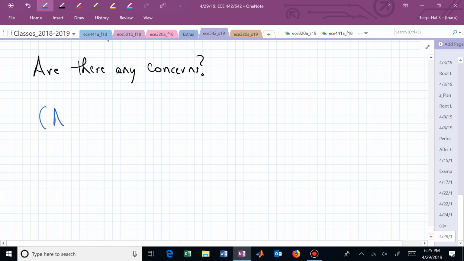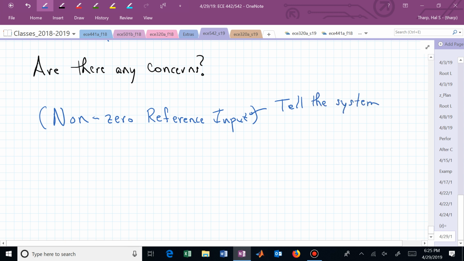But the way we've built it so far, it would be nice to be able to tell our system where to go, or to have a non-zero reference input.